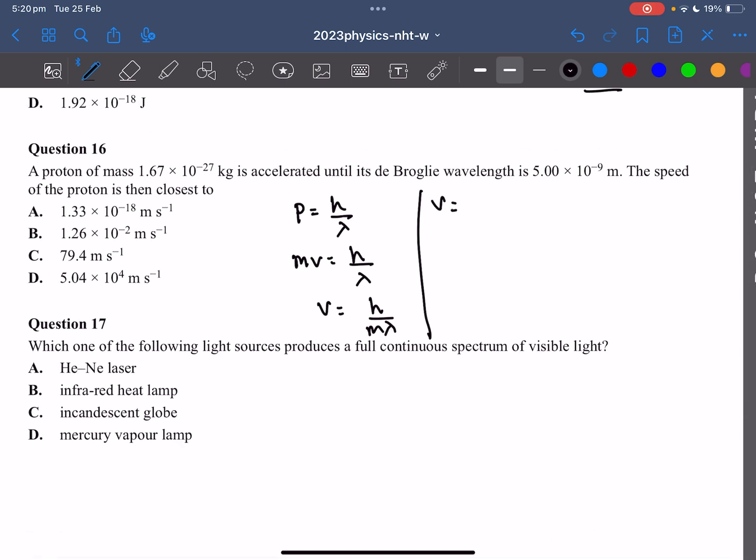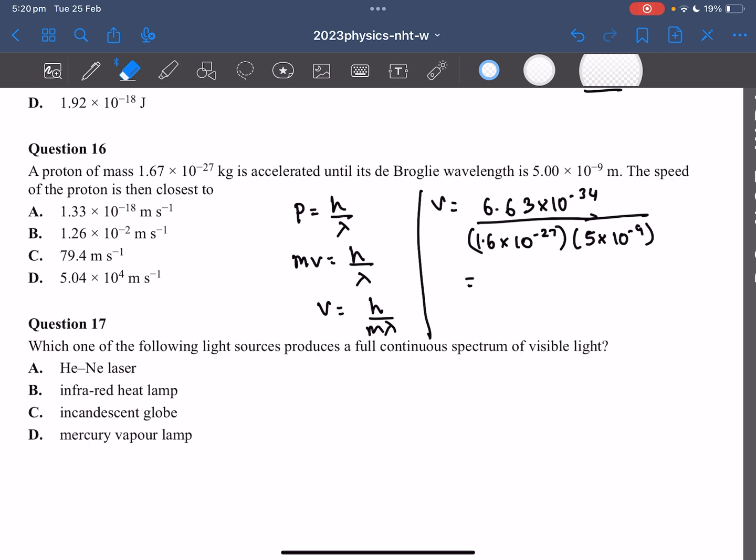So v equals h, 6.63 times 10 to the minus 34, divided by 1.6 times 10 to the minus 27 and 5.5 times 10 to the negative 9. Let me calculate that: 6.63 times 10 to the minus 34, and 1.6 times 10 to the minus 27 times 5 times 10 to the minus 9.